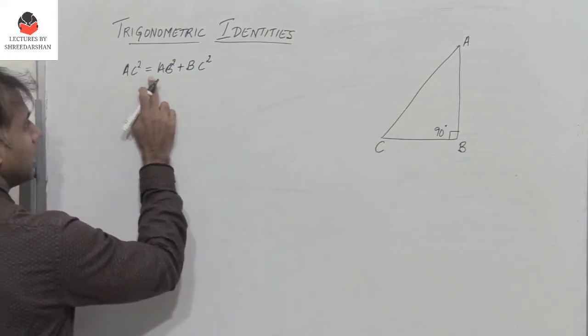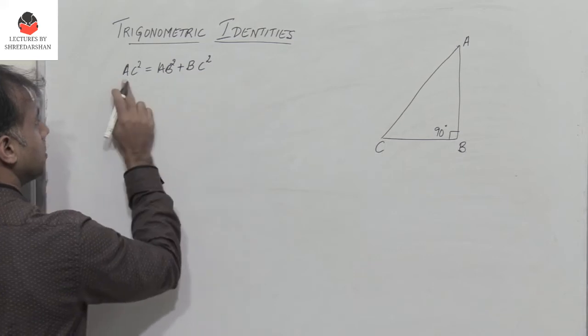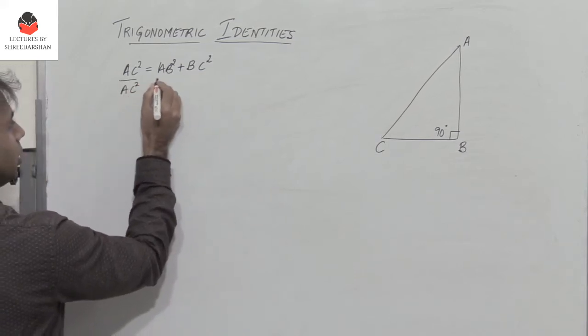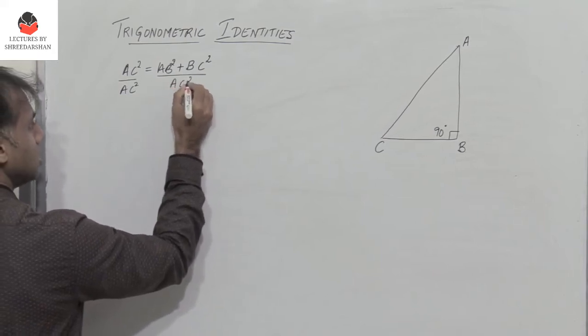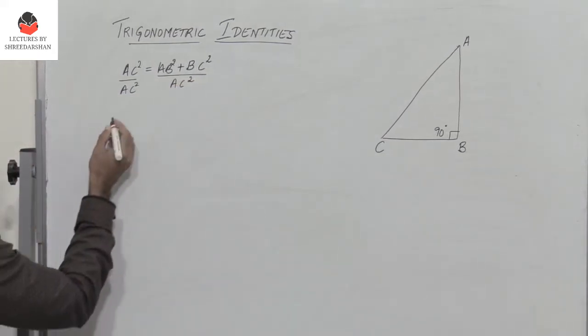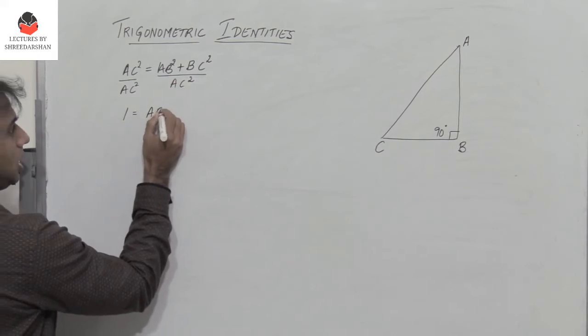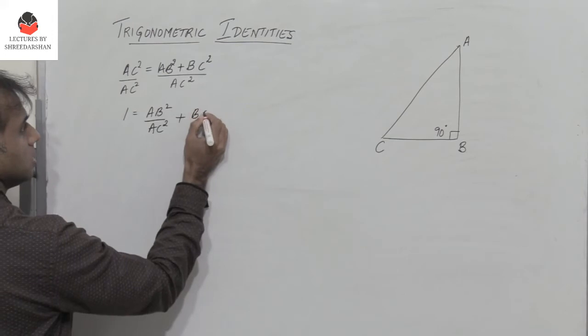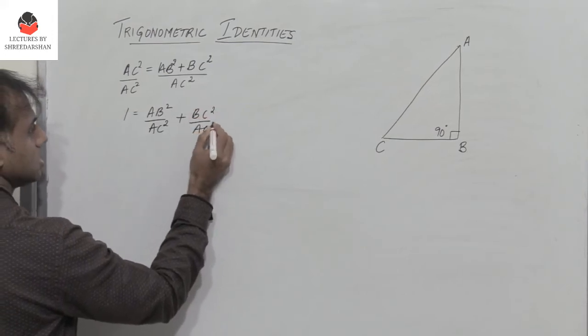Now let me divide this expression by AC square, both the LHS and RHS. So I get 1 equal to AB square by AC square plus BC square by AC square.